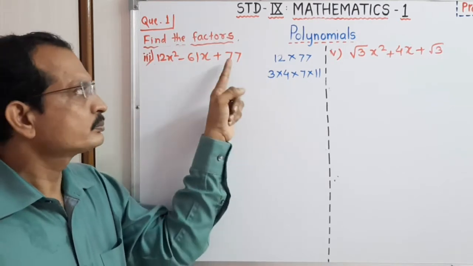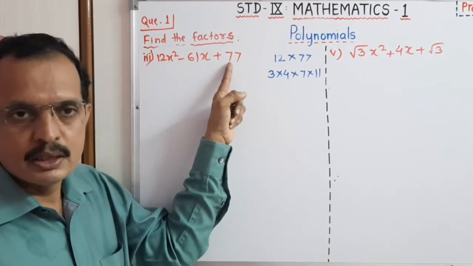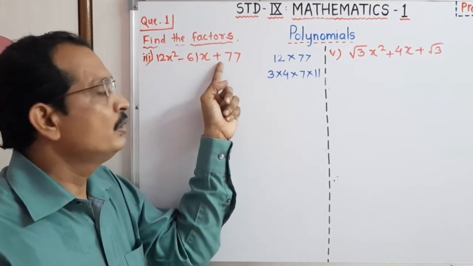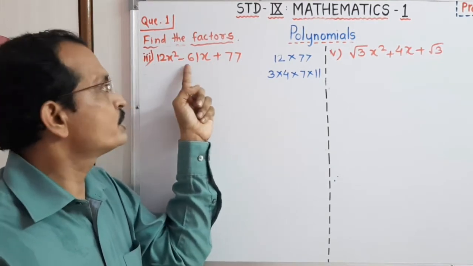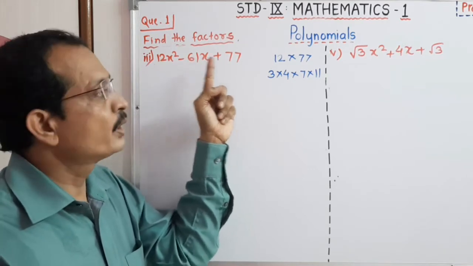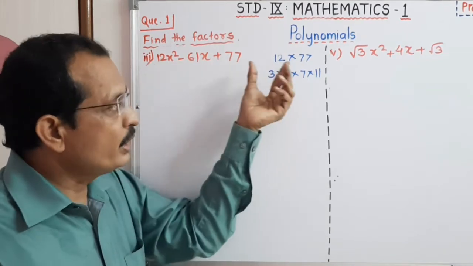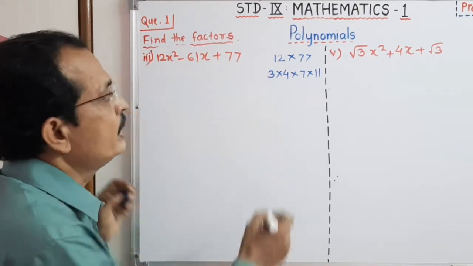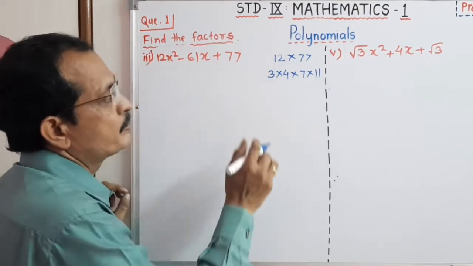But here the constant term is plus, therefore we have to find the addition of those to get the coefficient of the middle term. If we write the product, then again we have to factorize that, therefore we write it in this way. It is the simple method.